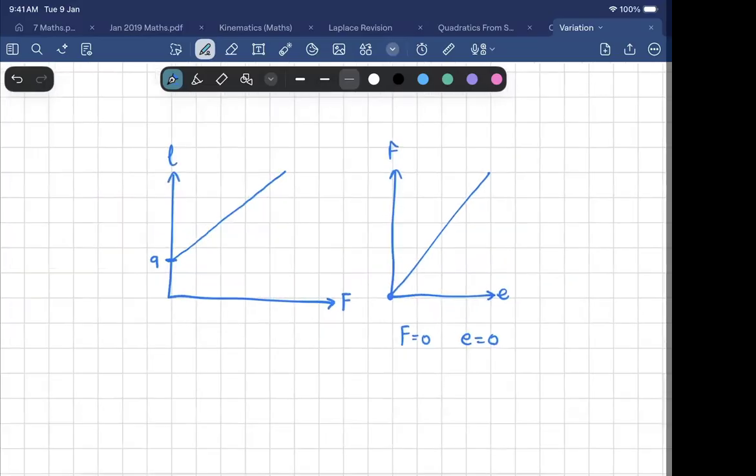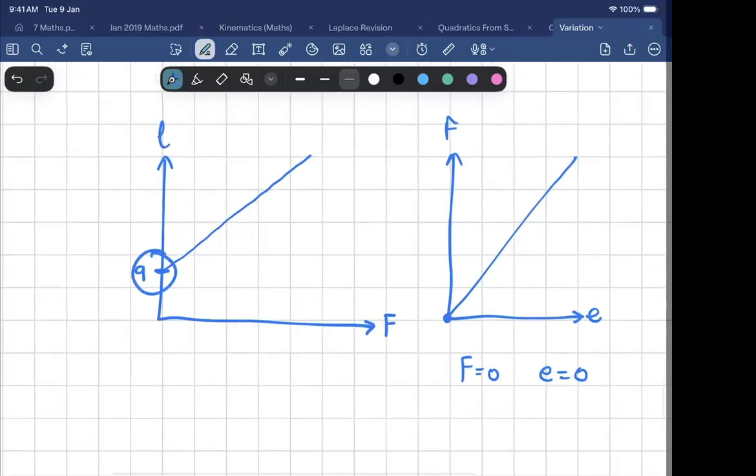Yes, sir. But in this graph, if I tell it as 9, read off that point for me. If you were to read off that point, what would it be? 0, 9. And it would tell you that when the force is 0, the length is 9.